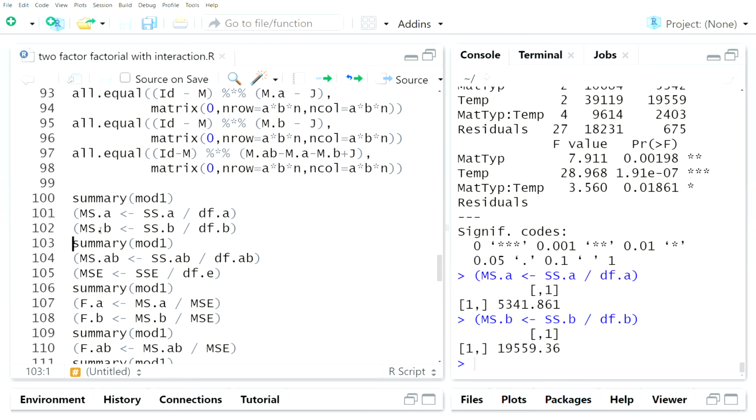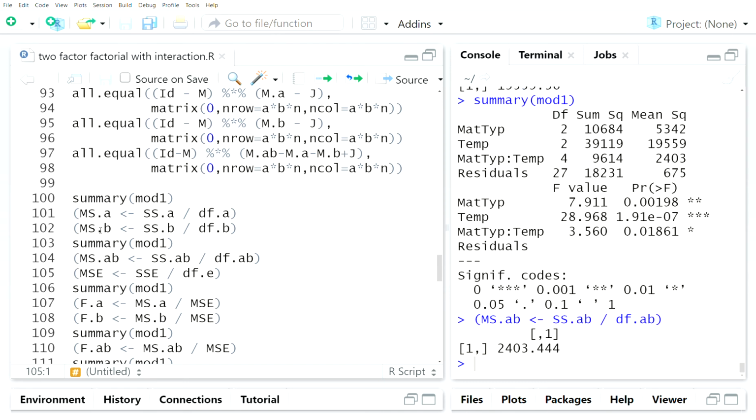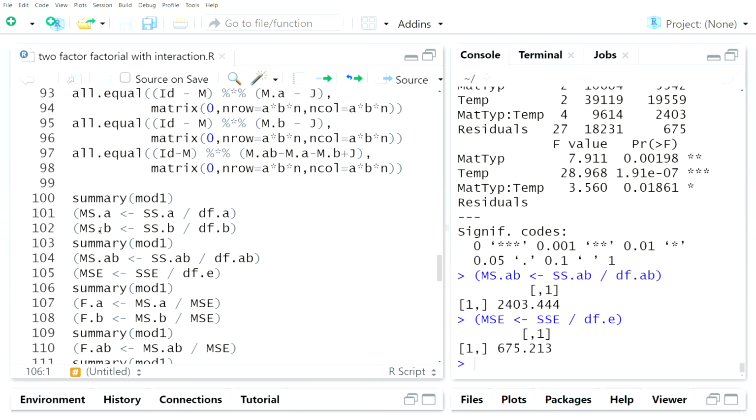The mean square for factor B is 19559.3, and it's the same. And for the mean square for the interaction term, we get 2403, and we get 2403 in the table. The mean squared error is 675. And to me, this is so cool because we're using matrix theory to reproduce what are software outputs.